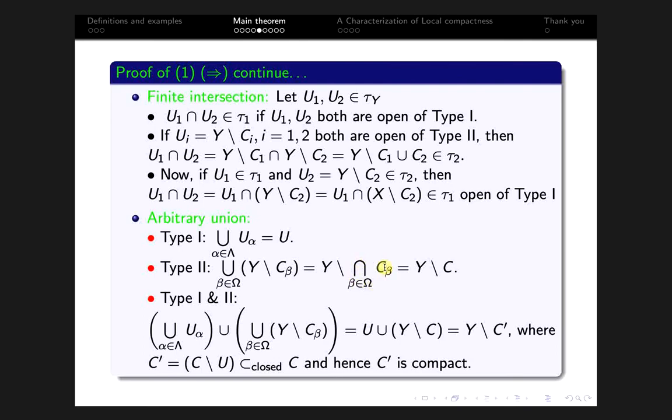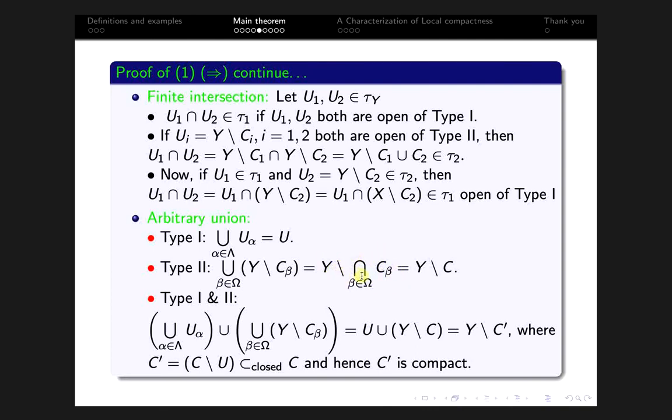Now this closed set is a subset of a compact set. For every compact set C beta, this intersection is a subset of that compact set C beta. Therefore this is compact.